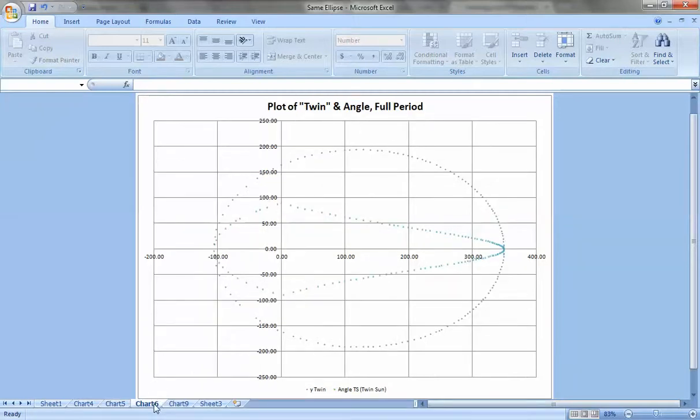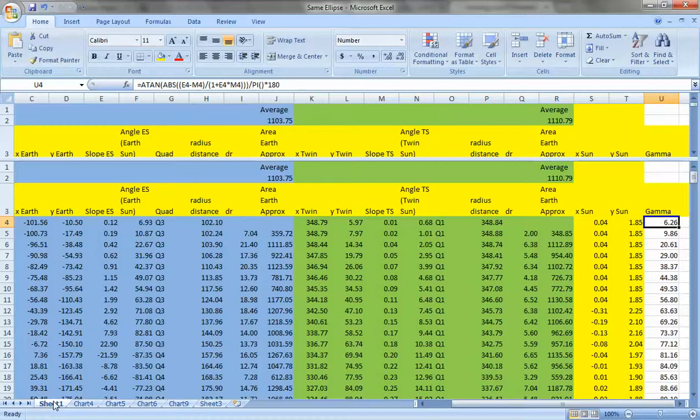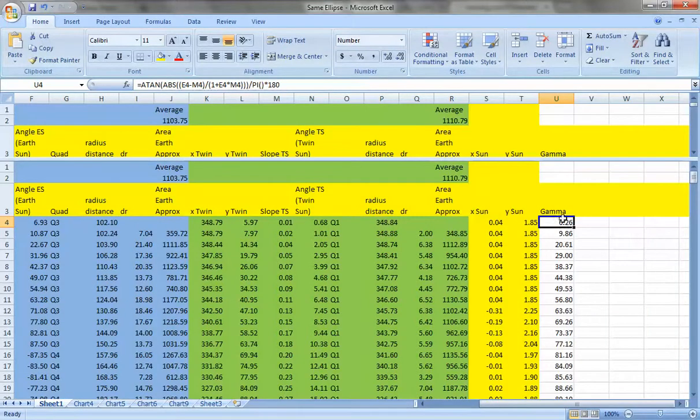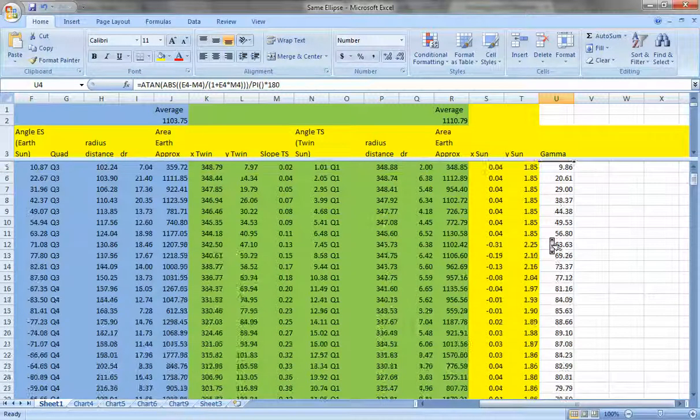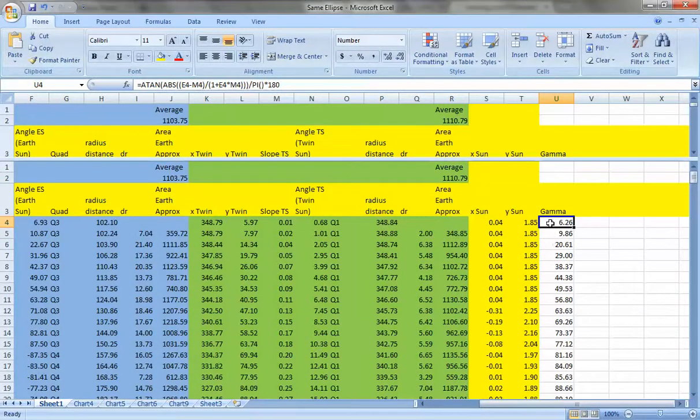Here's the twin planet, and it looks almost identical to this one, but of course it started over here and not over here. And this is the angle that I got, the gamma separation, which is what I called it, is the smaller angle in between those two planets. If this is 0, then those planets are exactly 180 degrees apart from each other, and you can't see the other planet.